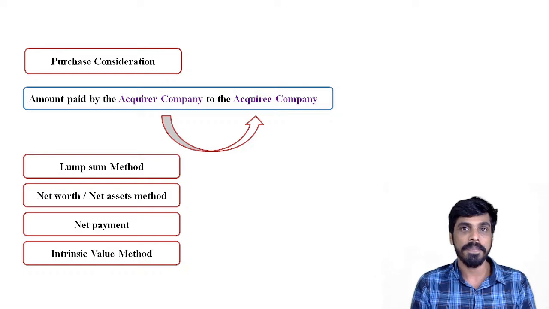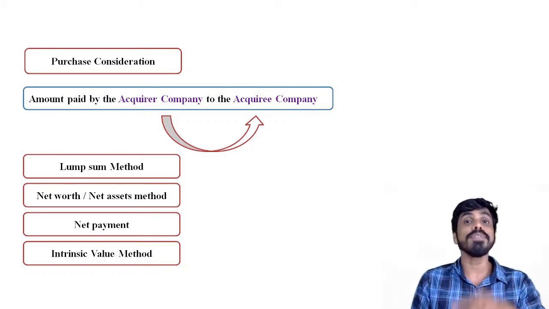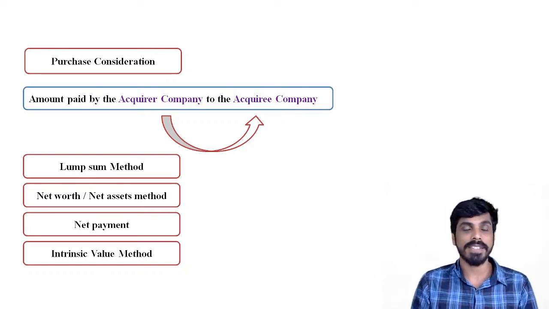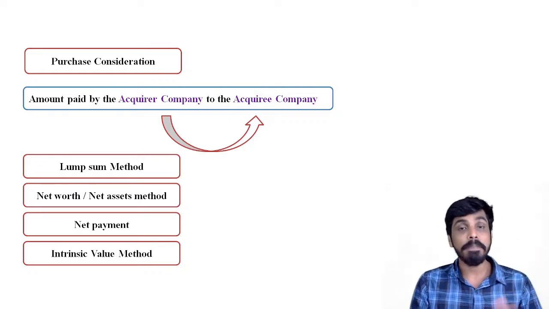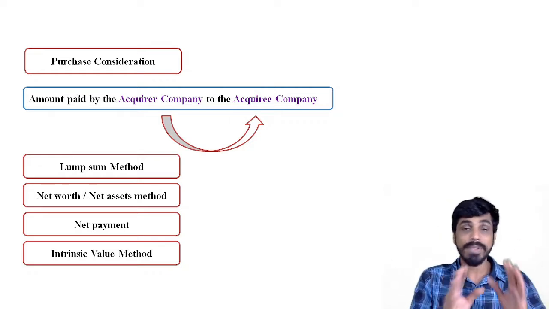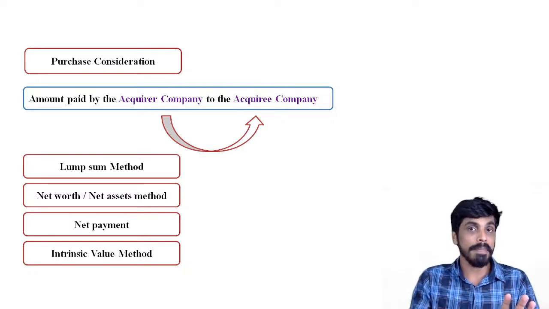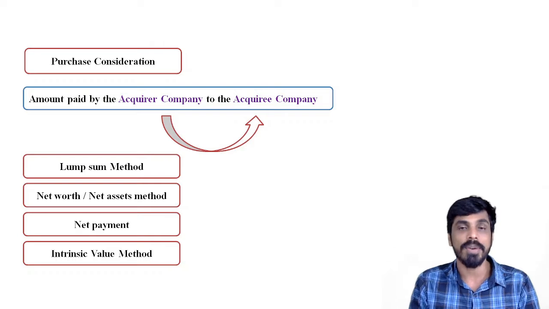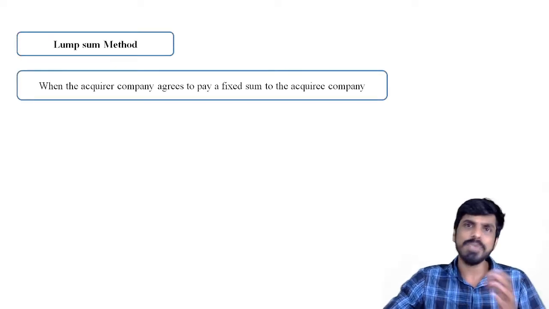Simply, it is the amount paid by the acquirer company for taking over the business of the acquiree company. And there are four methods through which you have to calculate purchase consideration. They are lump sum method, net worth method, net payment method, and intrinsic value method. So these are the four common methods which companies use to find out the value of purchase consideration. What is the lump sum method? The lump sum method is very simple.